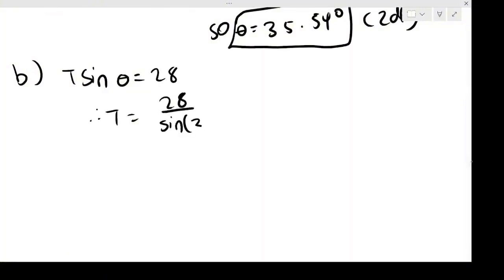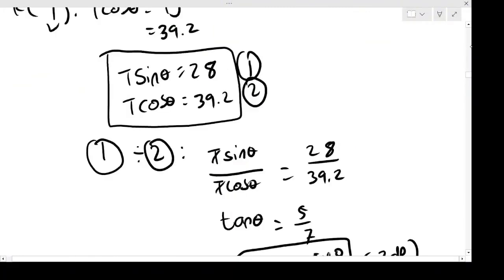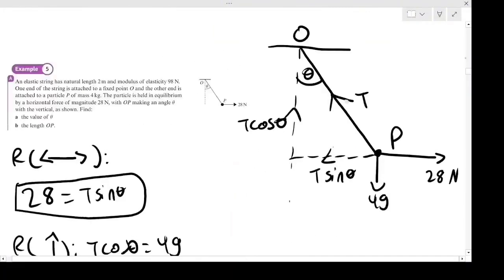But I know theta is 35.54. So therefore, I get T to be 48.17. And there we are. Now, why is the tension helpful? Well, hopefully you're thinking, the other thing I can use is Hooke's law.